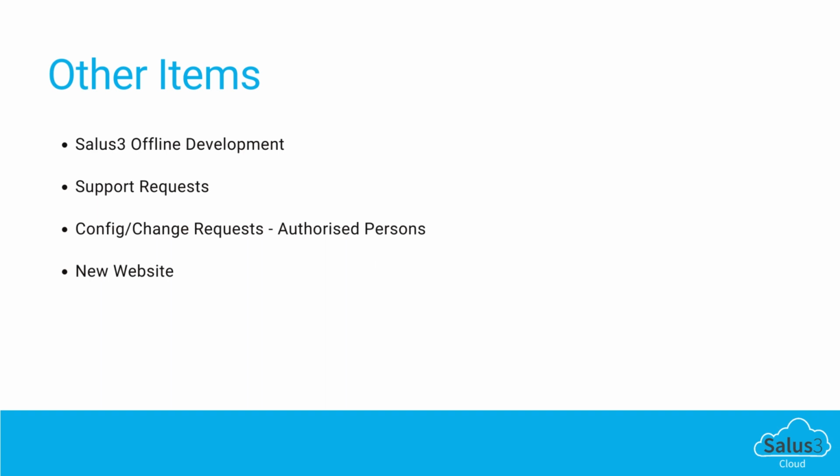We do get messages through to the Facebook page. Sometimes we get LinkedIn messages to the company page. If we can try and keep it to our support mailbox or the support form of Salus3, it just means we can support you quicker and there's less risk that we might miss something.